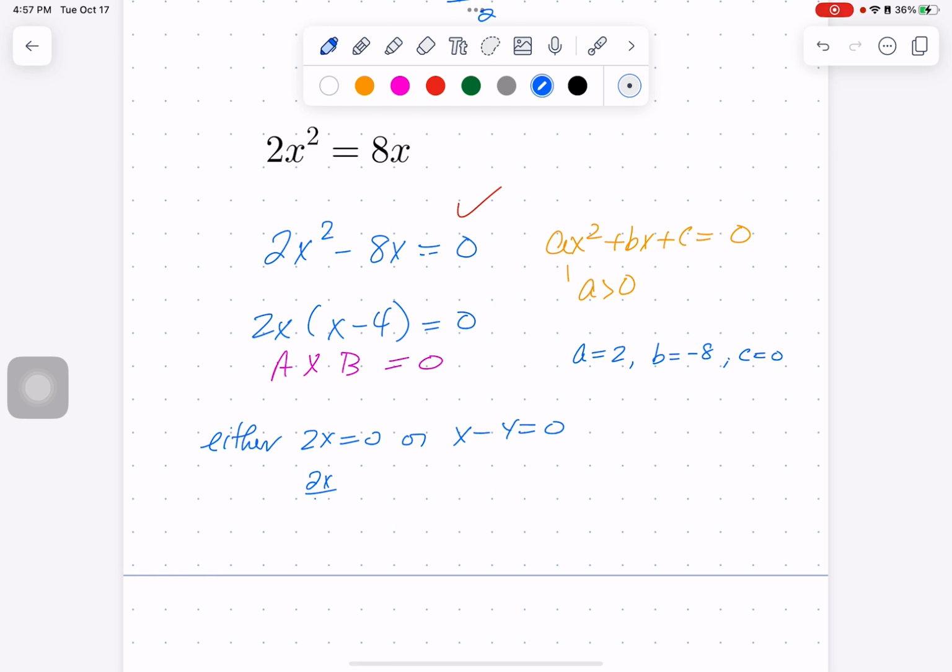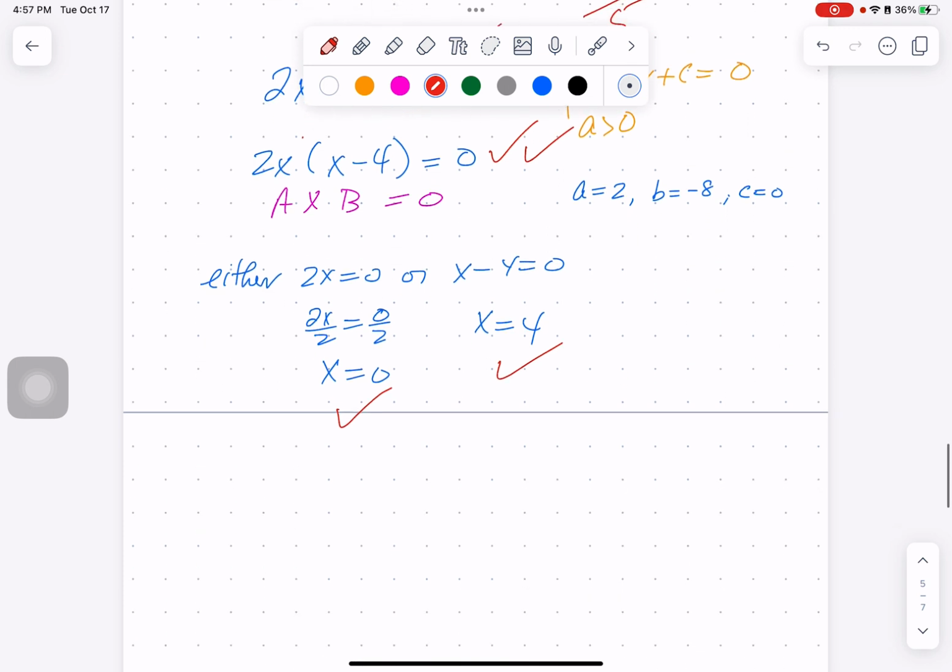So 2x divided by 2, 0 divided by 2, x equals 0. x equals 4. That's a right answer. I'm going to give you 2 if you factored it. That's a 5-mark question.